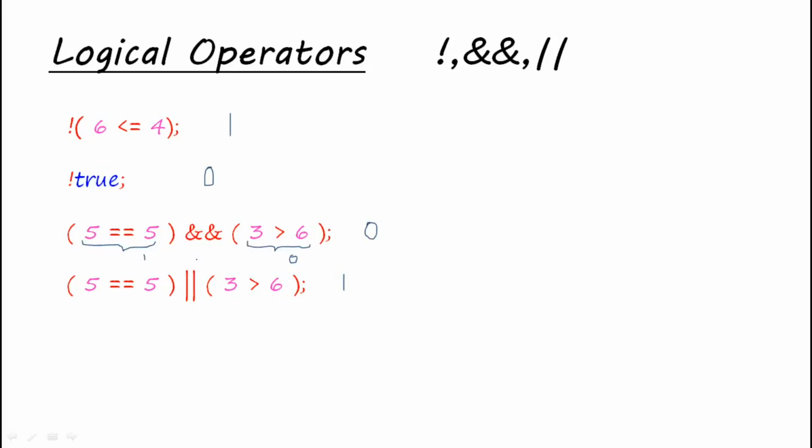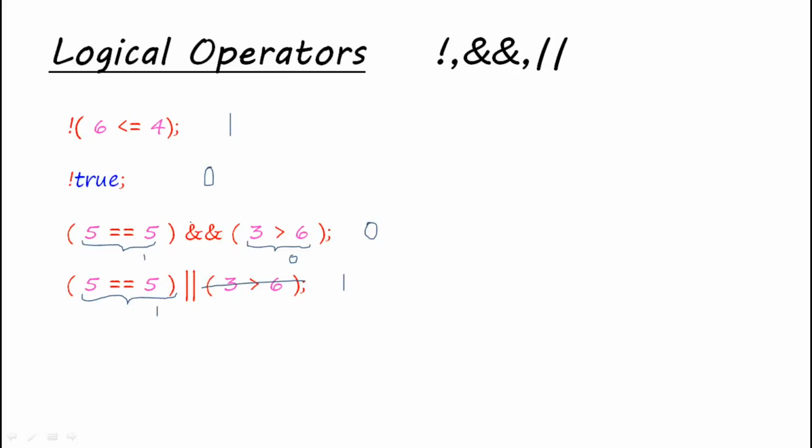Now, and and or are short-circuiting operators. What do we mean by this? It simply means that if the first expression of the or operator evaluates to true, then regardless of whether the second expression is true or false, the answer would obviously be true. So the compiler is not going to evaluate your second expression and simply tell you the answer as 1.